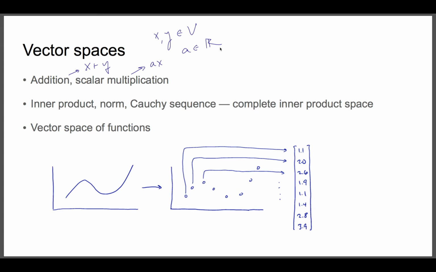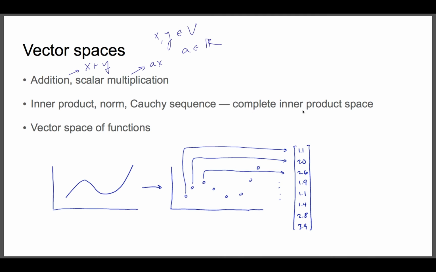Real vectors support these just by component-wise operations. You add two vectors component-wise, and you multiply by a scalar component-wise. And in fact, that's going to be a pretty common way to implement those operations, but it's not necessarily the only way.